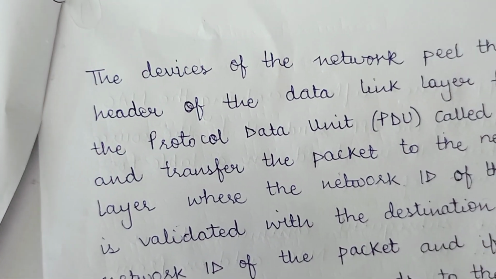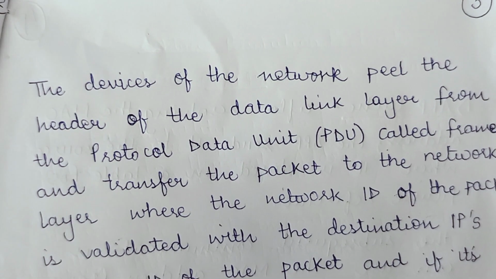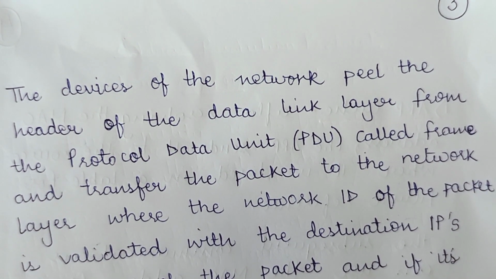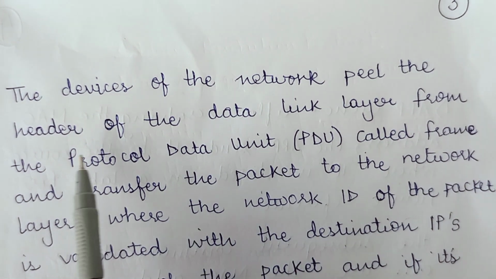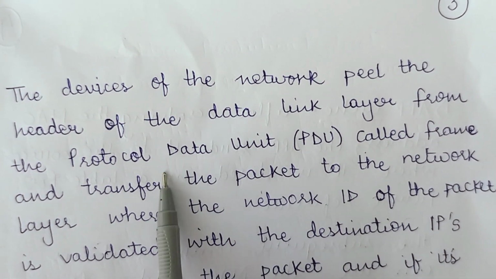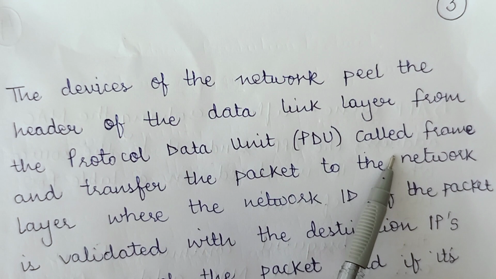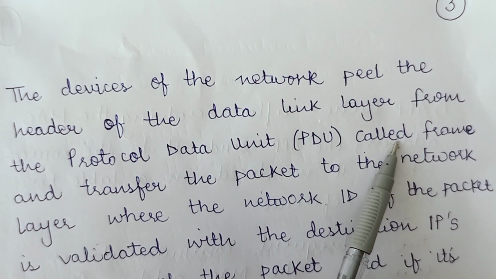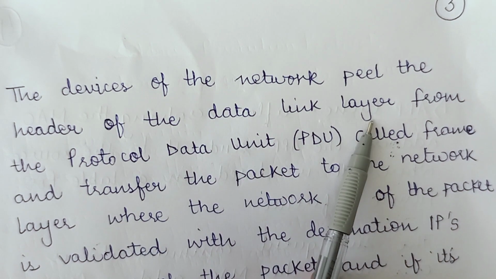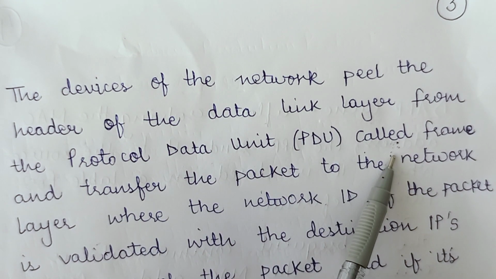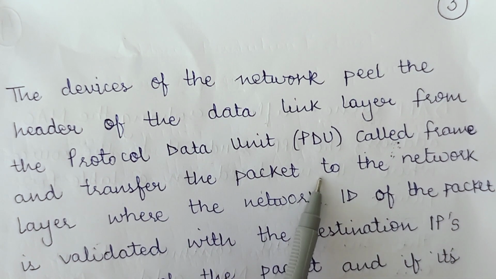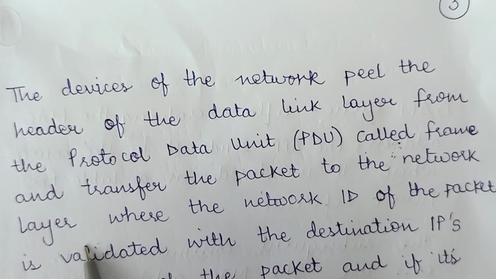Now, all the devices of the network which receive the broadcast message will peel the header of the data link layer from the protocol data unit called a frame. That is, in simple language, from the frame that they receive, they will peel off the header, and after peeling off the header, they will transfer that packet to the network layer, which is above the data link layer.